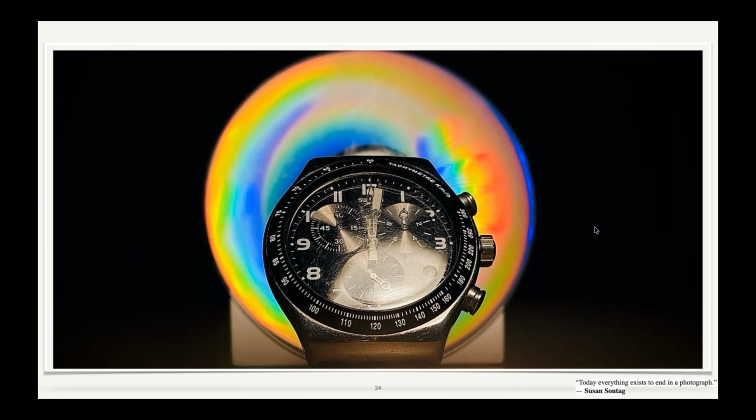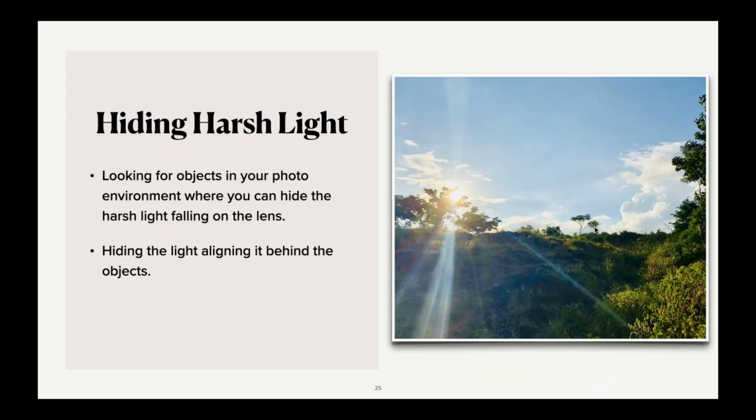Okay, hiding harsh light. If you go outside to take photos during the daytime in the afternoons, you see that if you take a photo of the sun directly, there's a big white spot which comes on your photos, which is not very visually appealing, and it makes your image look distracted, and the details of the images are lost. So how to get rid of this?